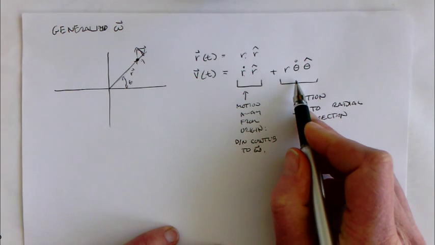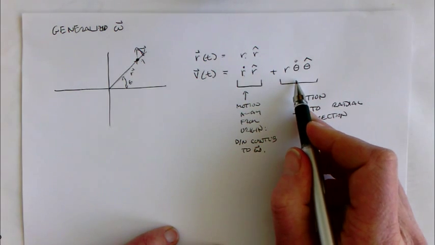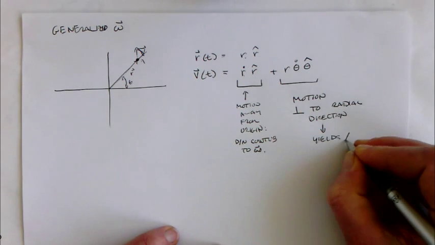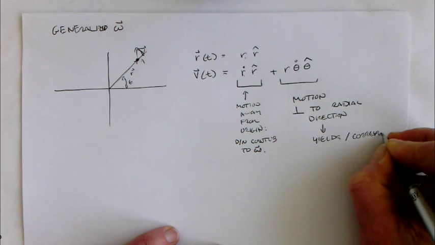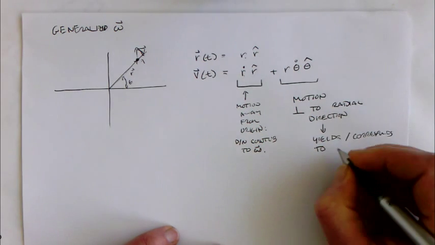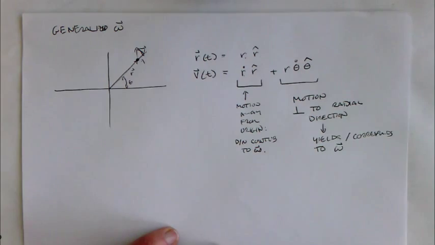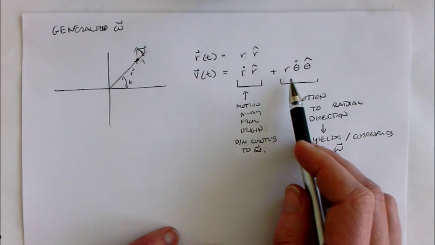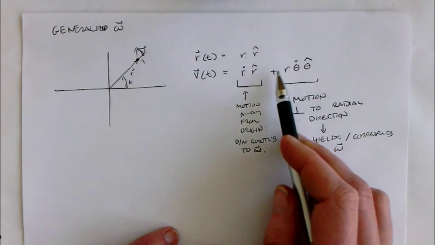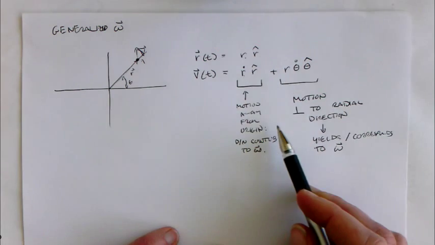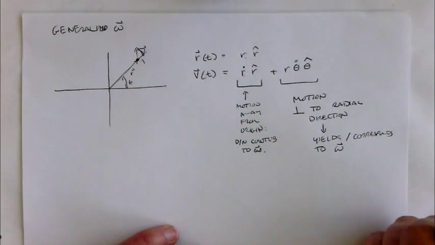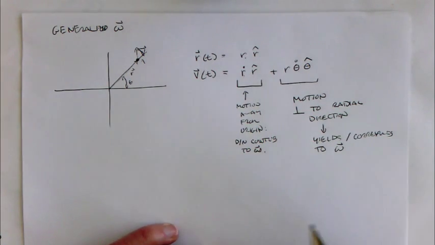And it's this motion that yields, or corresponds to, an angular velocity. So if I want to figure out what the angular velocity is, I have to pull out the part of the motion that is perpendicular to the radial direction.